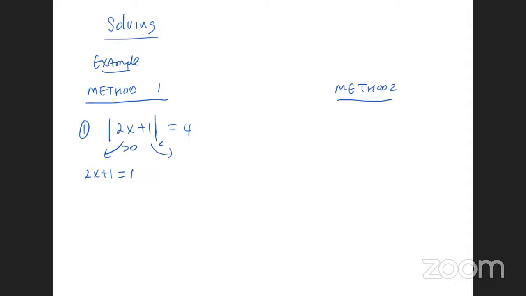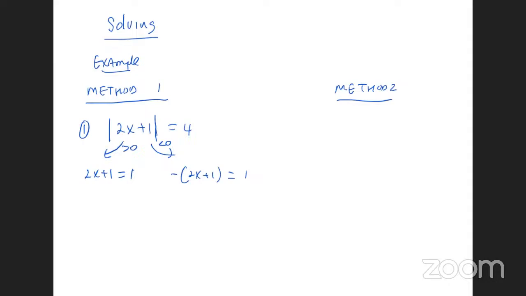But when it's less than 0, we take in 2x plus 1 and you put in a minus sign in front. So if you use the definition, you have to do it twice. Do it with a plus sign, work it out. Do it with a minus sign, work it out. Notice I put the minus sign outside everything. Okay? Don't just put minus 2x plus 1. It's minus open bracket 2x plus 1.